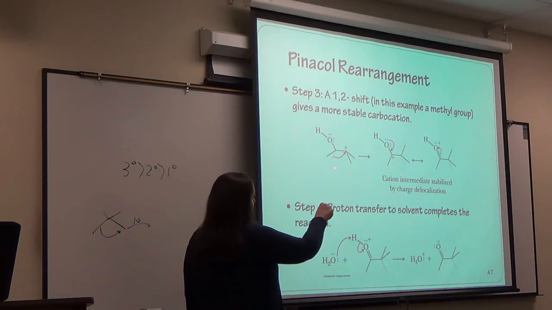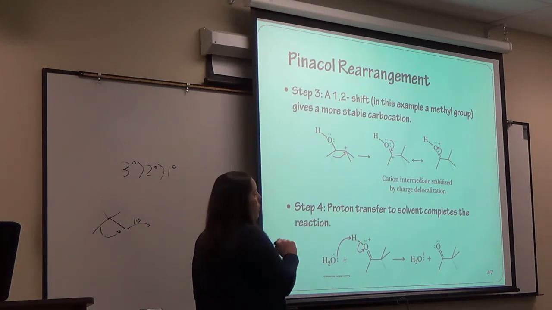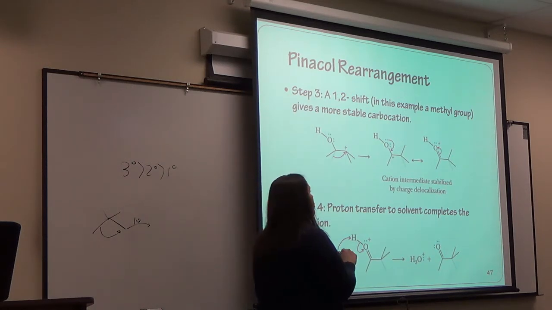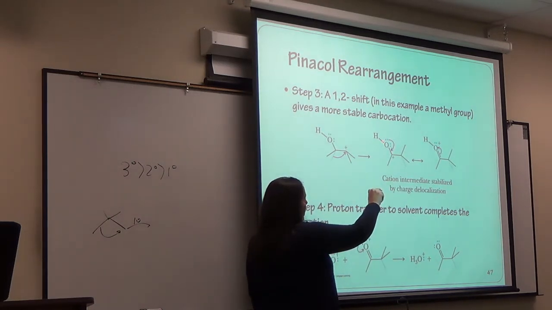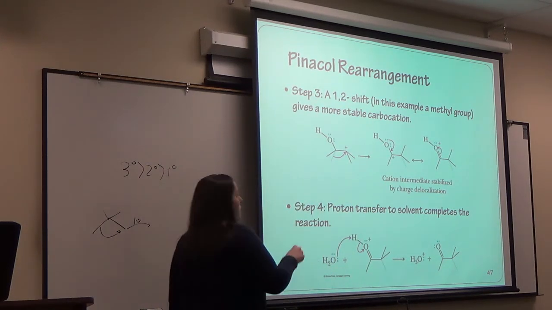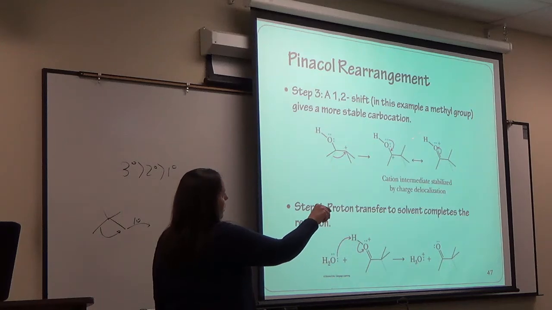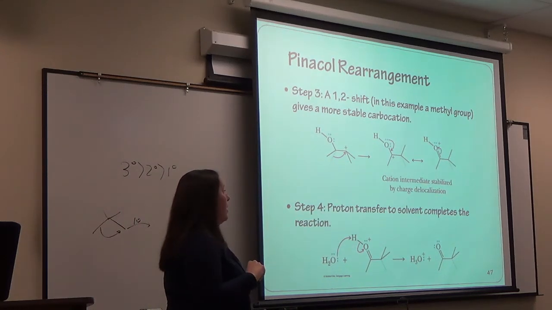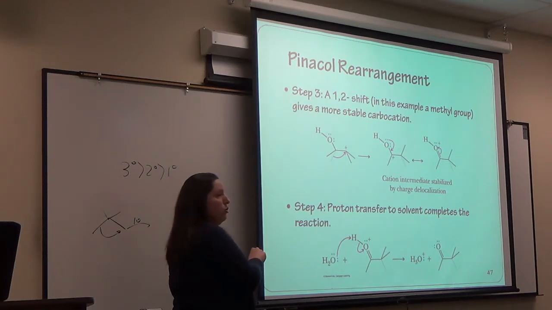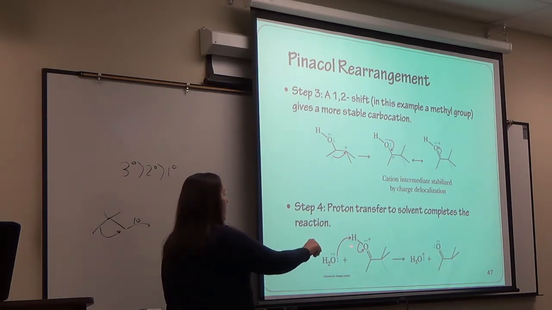So there's a shift here, the methyl shift, to put the charge on the carbon that has the OH that's left attached. And then that pi bond forms from one of the lone pairs of the oxygen. But you're not done. This isn't really a ketone. It's still an ion. So the last step is also a proton transfer, a deprotonation. You're removing that hydrogen, and then you get the ketone.